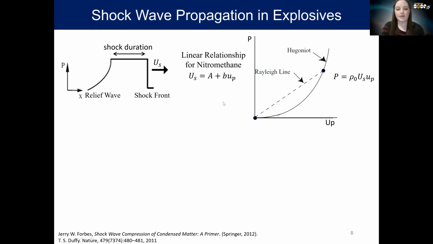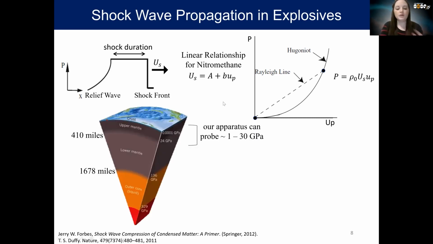Now, in order to acclimate you into what types of pressures and velocities we're talking about today, I'm going to first show you this cutout of the Earth shown here on the left-hand side, where what I'm going to be talking about is about 130 GPa, and that's about in between the upper mantle to lower mantle of Earth.